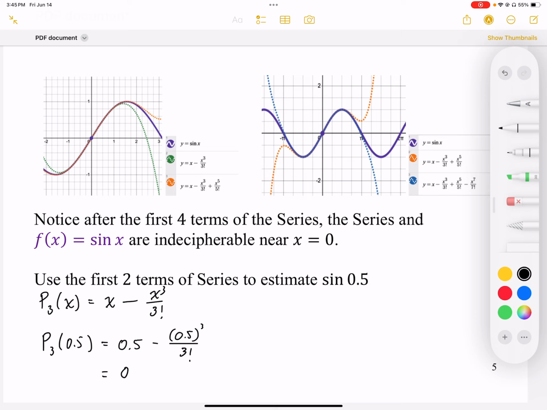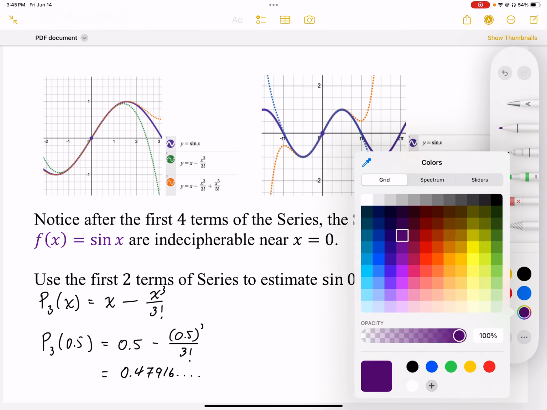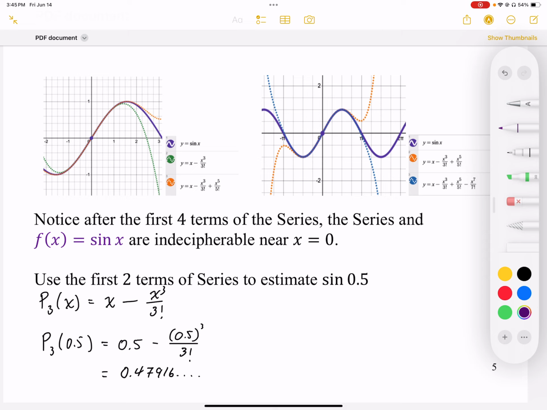When we type that into our calculator, we get 0.47916, and the 6 repeats after that. Now what we're saying is that the value we've calculated is pretty close to sine of 0.5.